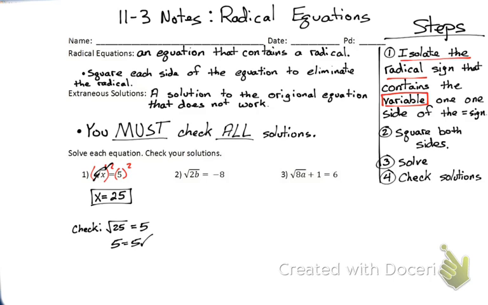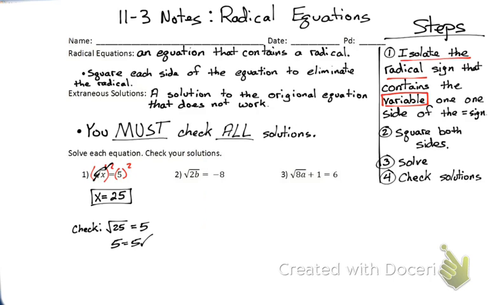Let's look at problem number 2. Is the radical with the variable? Here's the radical and here's the variable, the b under the square root. Is this all by itself on the left side of the equation? Yes, everything on the left side of the equation is underneath the radical.